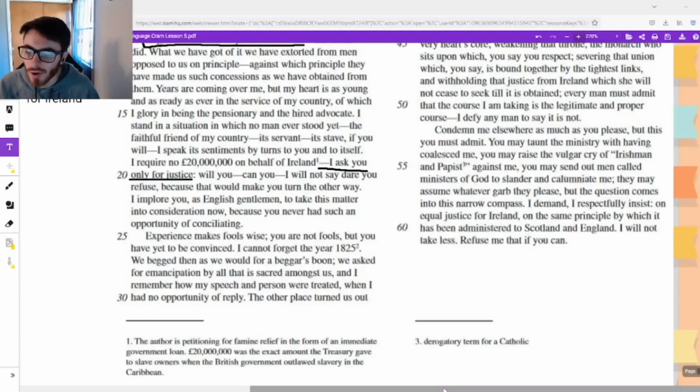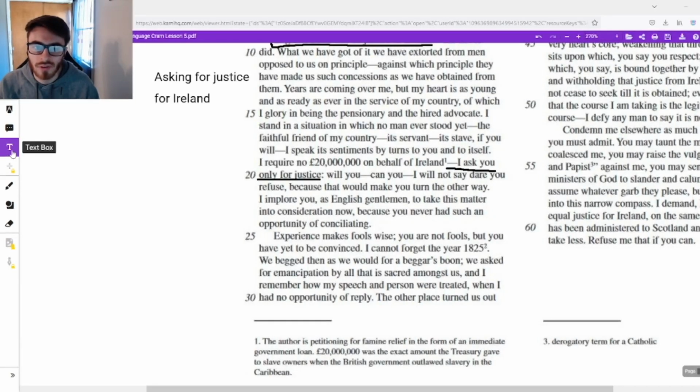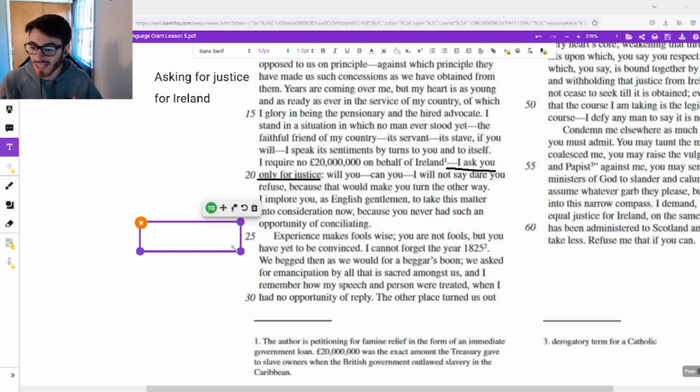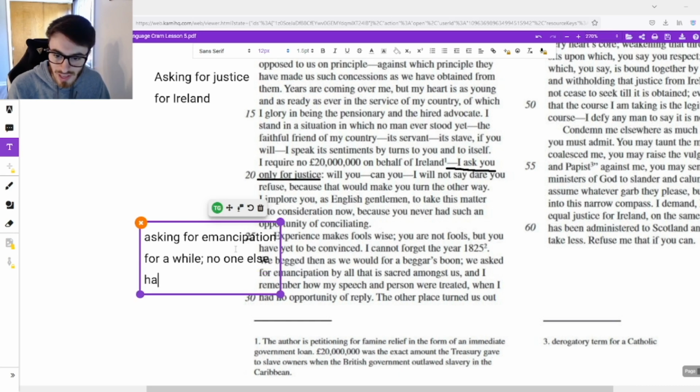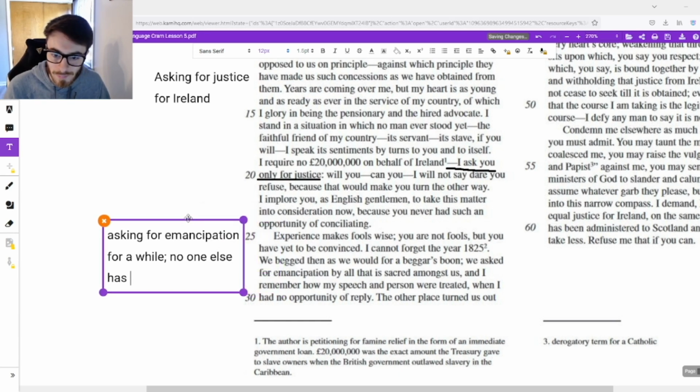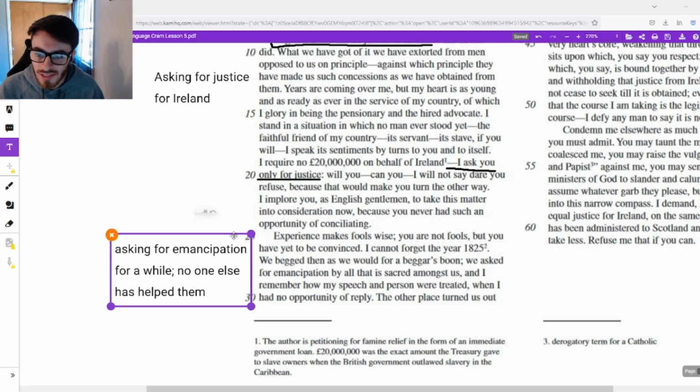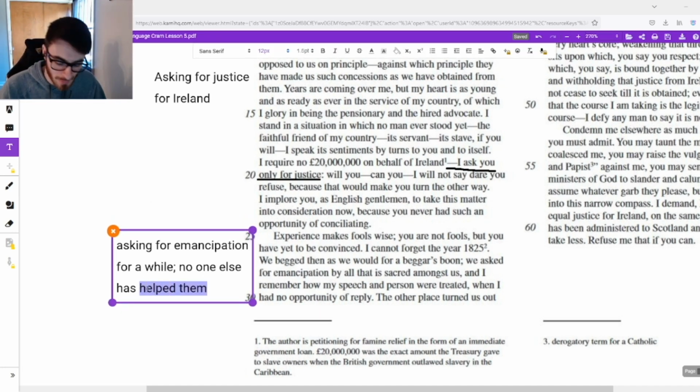Okay, so how does it relate to the previous paragraph, right? He seems to be explaining, almost pleading his case a little bit, explaining that they've been asking for emancipation for a while, and no one else has helped them, or no one else has listened to them, I guess might be better.